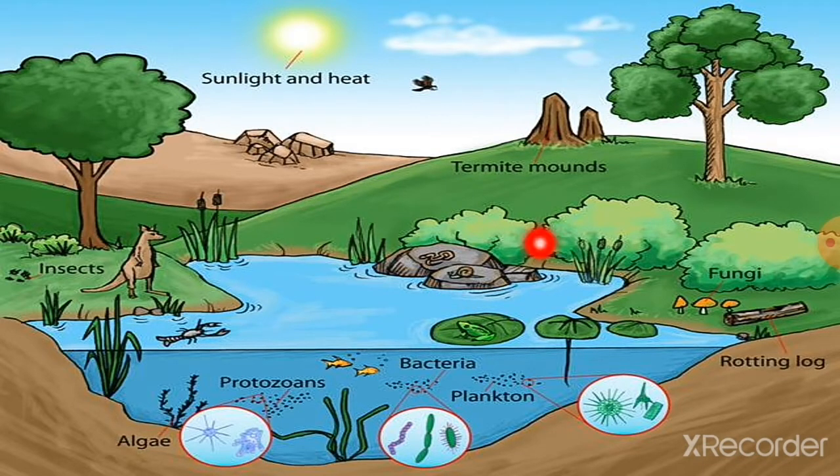Here, the non-living things, that is sunlight, termite mounds, water, soil, are present. The living things, that is trees, insects, animals, microorganisms, are present. So all these things combined together are called environment.